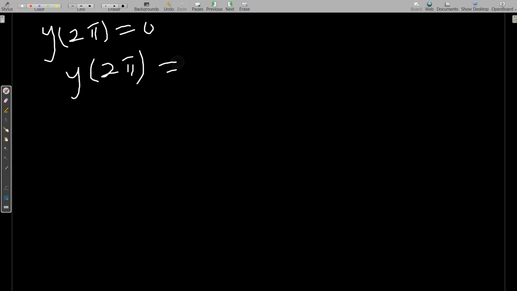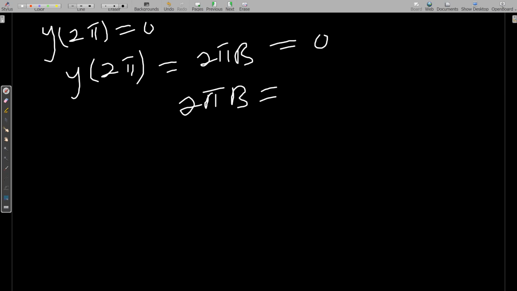Also, with the other boundary condition, y of 2 pi should be equal to 0, meaning y of 2 pi is equal to 2 pi b, because we have b x, so when we put x equal to 2 pi we have 2 pi b, and that is equal to 0. Now you have a number multiplying b. This is not an expression, this is a number, meaning that b is equal to 0 over 2 pi, which is 0. So here our y of x is also equal to 0, because we don't have any other thing to consider.